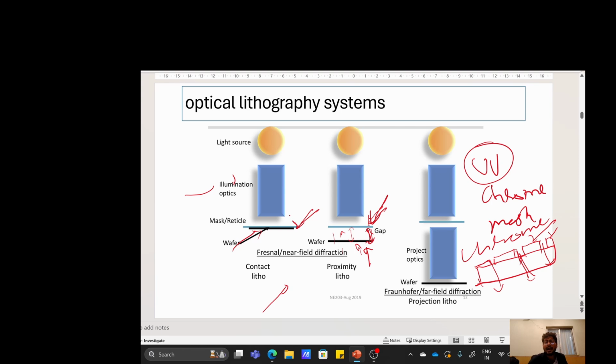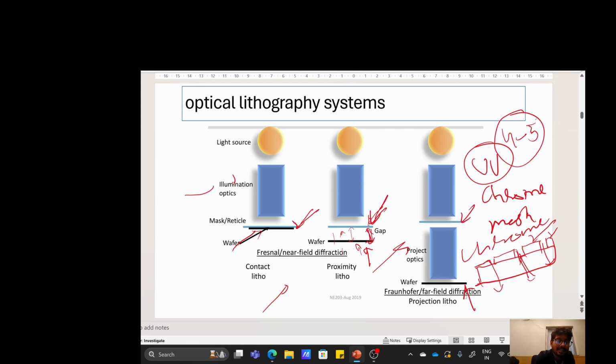Yeah. And another one is projection lithography. In projection lithography, which we studied 2 classes back, you can get around 4 to 5 times smaller feature size over the wafer than what is on the mask.